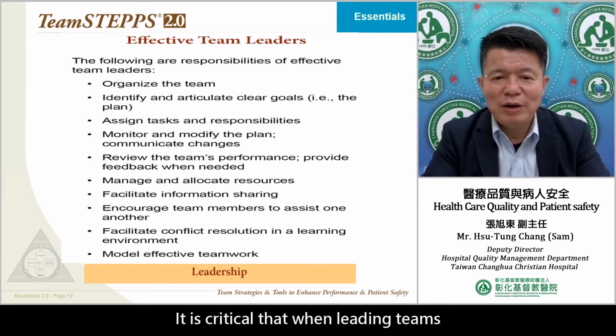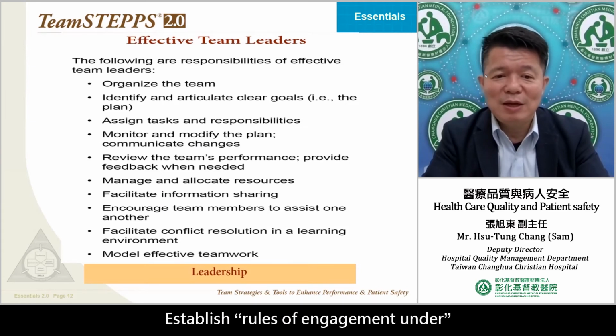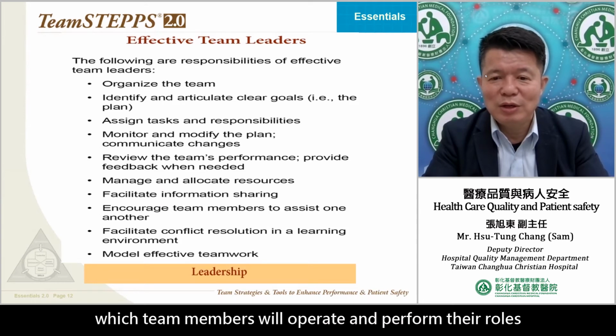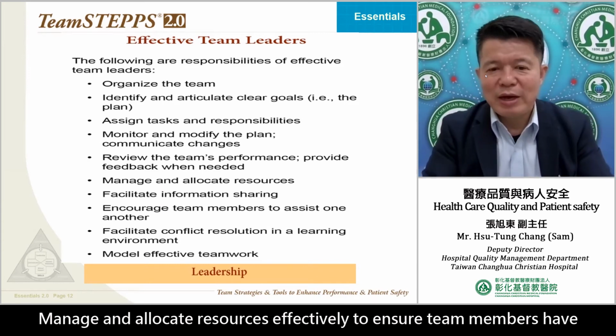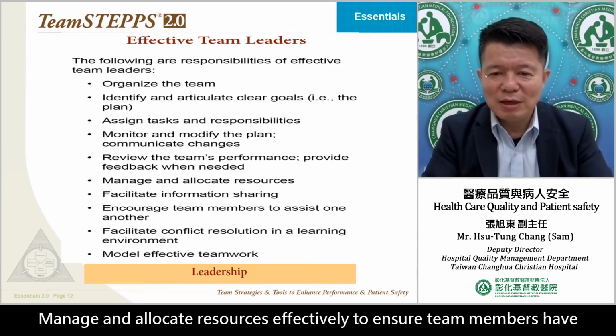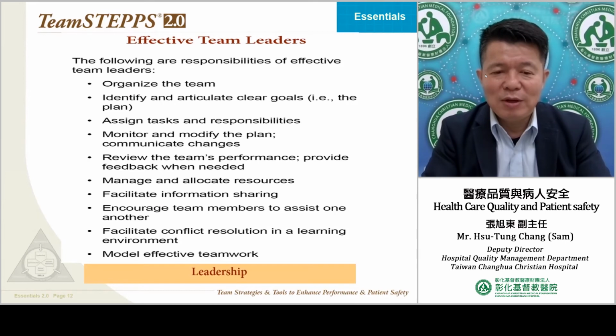It is critical that when leading teams, designated and situational leaders also establish rules of engagement under which team members will operate and perform their roles, and manage and allocate resources effectively to ensure team members have what they need to be successful.